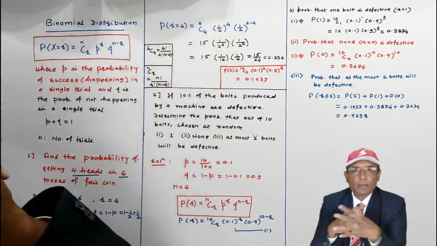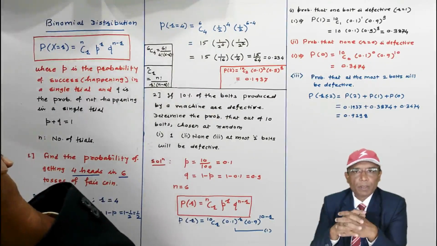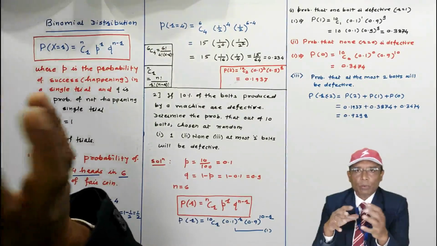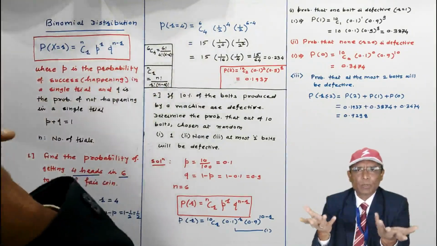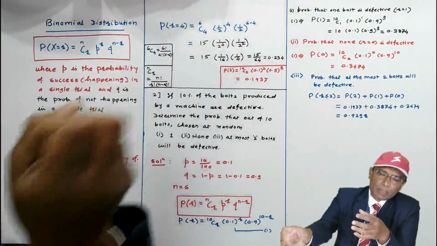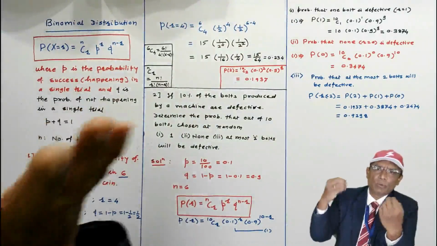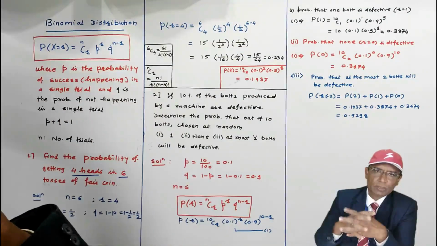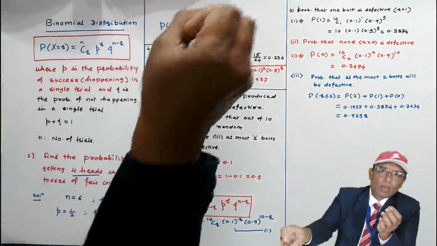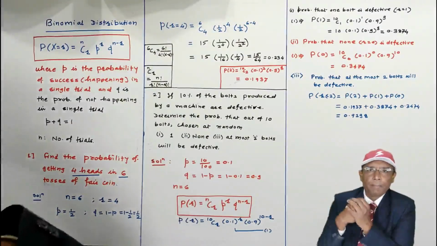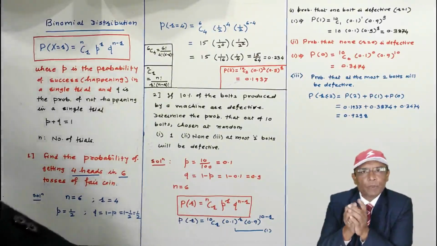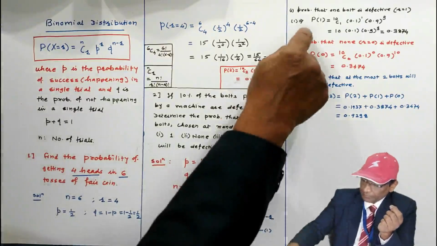There is a machine which produces bolts in huge amounts, and out of this total production of a single day, suppose randomly I picked 10 bolts out of 1 lakh bolts, or 1 crore bolts, or 1000 bolts, whatever the number is. It depends on the production capacity of the machine. 10 bolts are picked randomly.